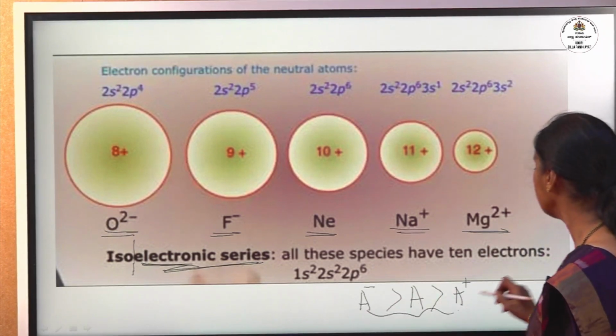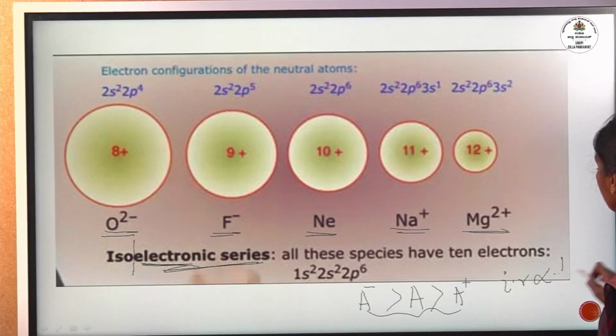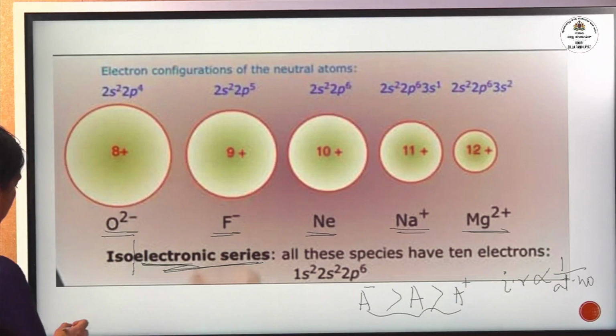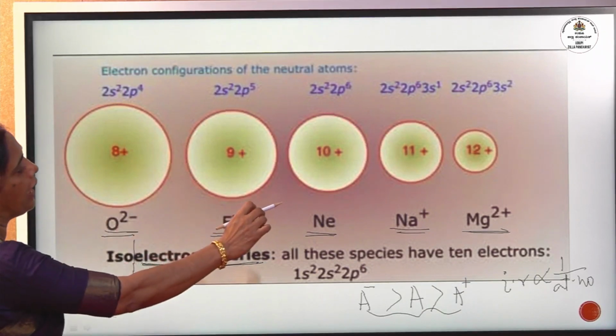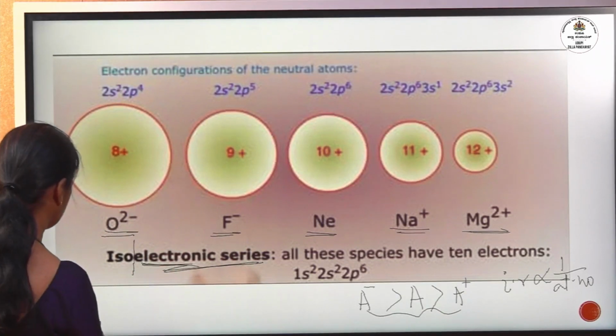Or else you can get the size as ionic radius is inversely proportional to atomic number. By the picture you can have a clear idea of the size of the isoelectronic species.